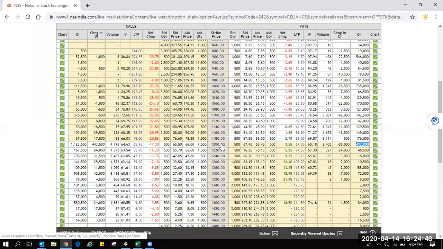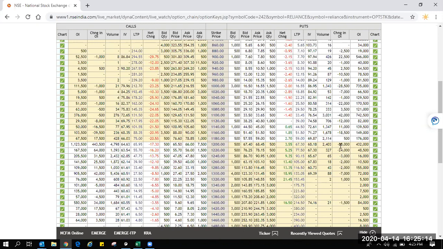Or if there is any stock, say for example, Reliance opens near 1240, but here the maximum change in OI or the positions are not added, that means this up move is fake. I can say with confidence that this up move is fake.